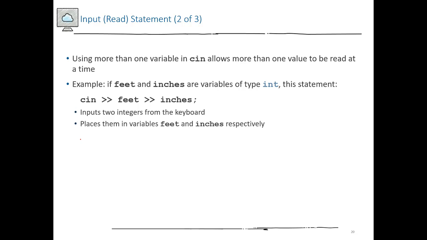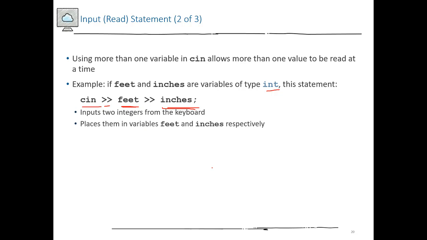You can have more than one variable in a single cin. You can have cin feet and inches. So then two values are coming from the keyboard. If you have declared feet and inches as integers, then you're going to get two values from the keyboard separated by a space, and you put the first value in feet and the second value in inches.